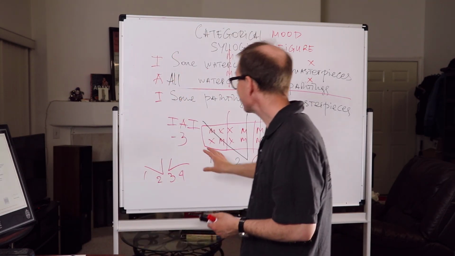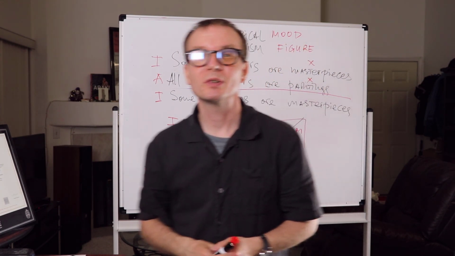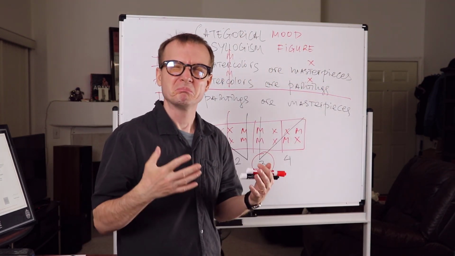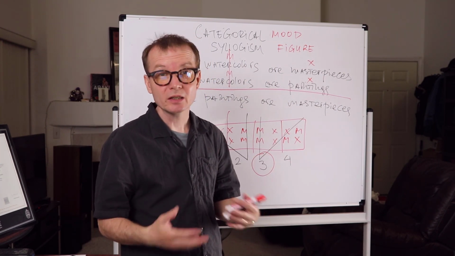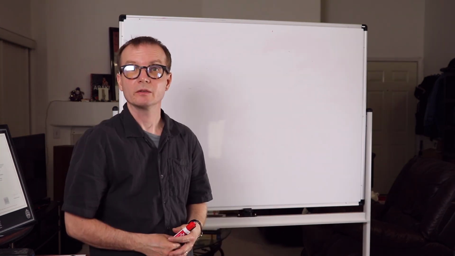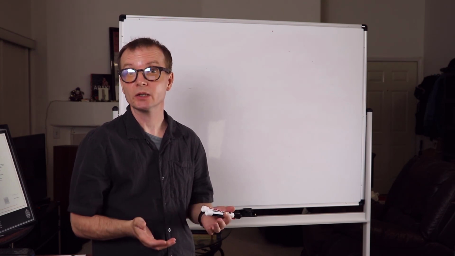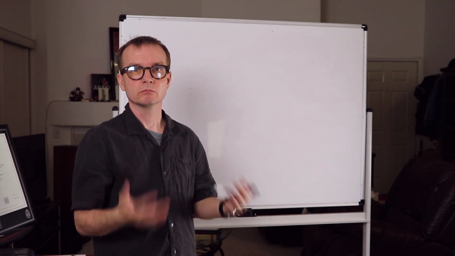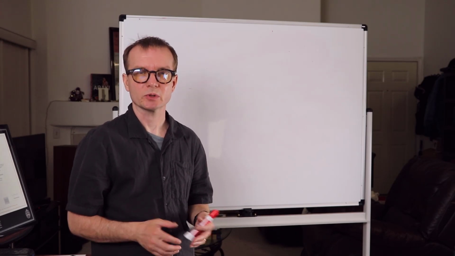Even though it's nice to have all these different tables to look up, how do we determine it without a table? Is there a way? And this is where 5.2 comes in and the Venn diagrams come in. Okay, 5.2. So now we will learn how to evaluate categorical syllogisms with Venn diagrams.